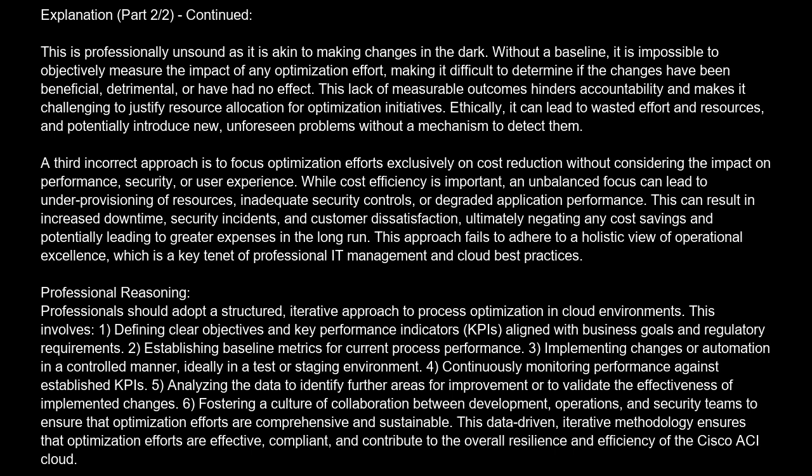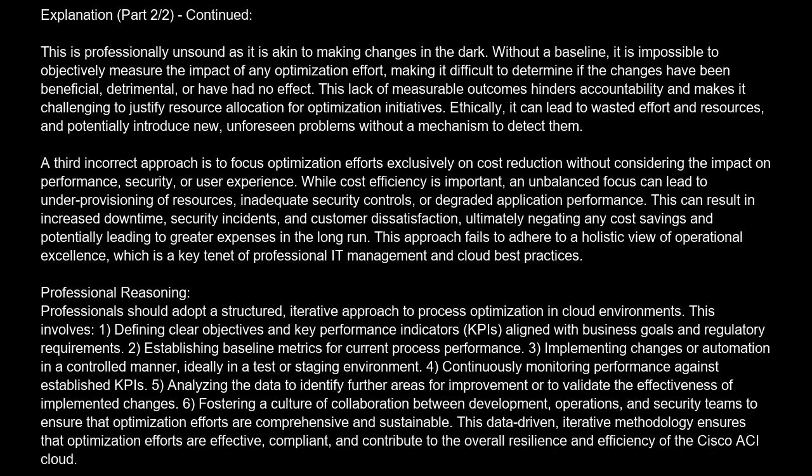Professional reasoning. Professionals should adopt a structured, iterative approach to process optimization in cloud environments. This involves: 1. Defining clear objectives and key performance indicators, KPIs, aligned with business goals and regulatory requirements. 2. Establishing baseline metrics for current process performance. 3. Implementing changes or automation in a controlled manner, ideally in a test or staging environment. 4. Continuously monitoring performance against established KPIs. 5.